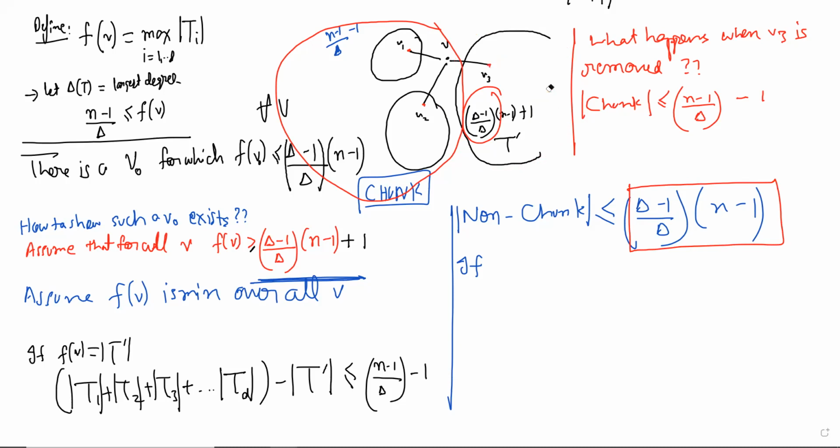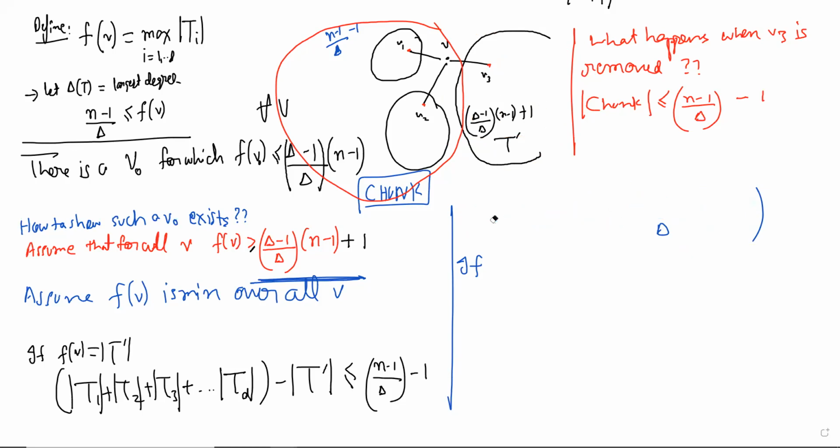I think we're making another mistake, because this is at least this much. It's not equal. So I'll just remove this. So far we can say that the size of the chunk is less than or equal to n minus 1 by delta. So what do we do next? Let's think. Let's not rush it. Let's do it carefully.